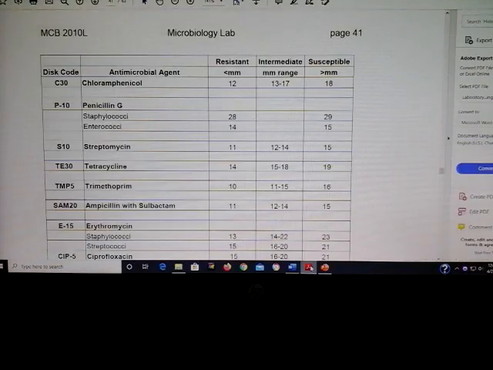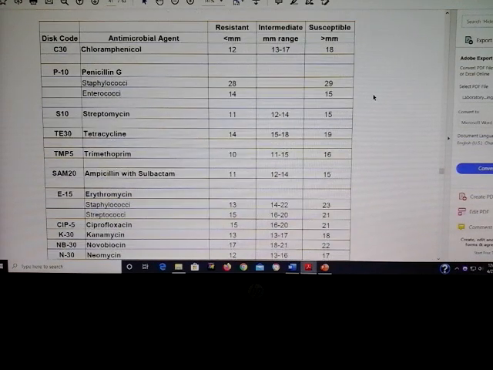In your lab manual, guys, on page 41, this is the chart I was talking about. So again, if the number that you measure is the same as this column here, the resistant column, or less, the bacteria is resistant to that antibiotic.